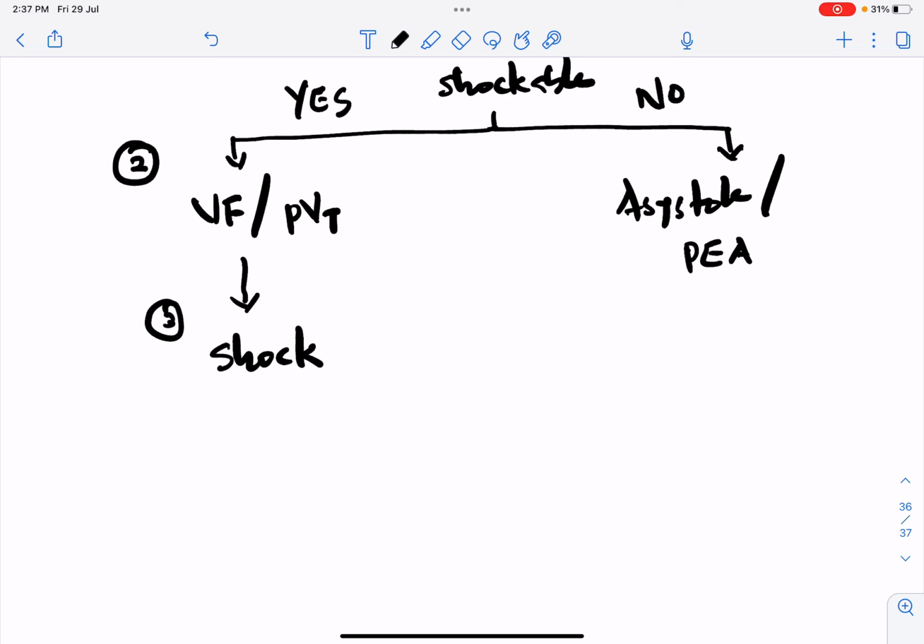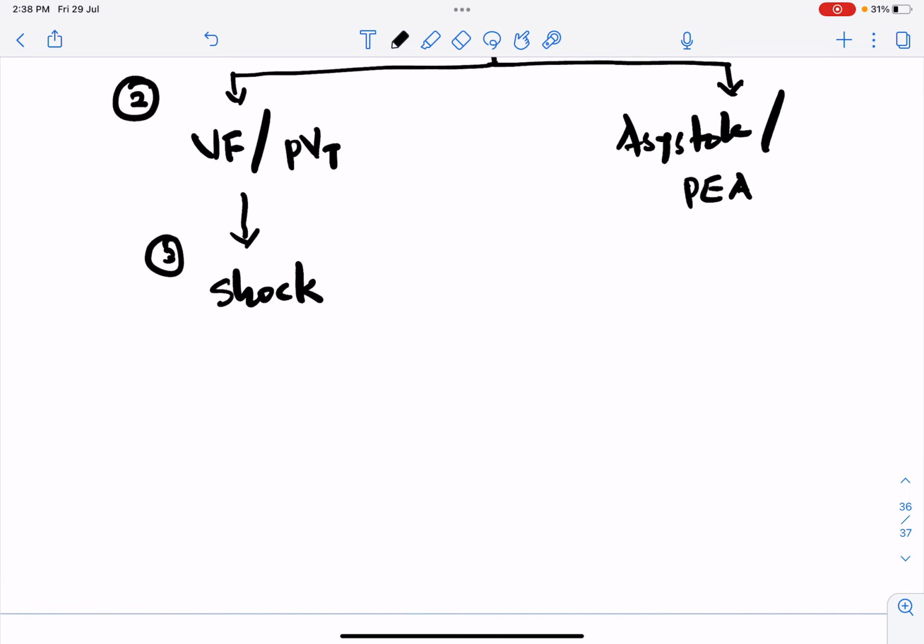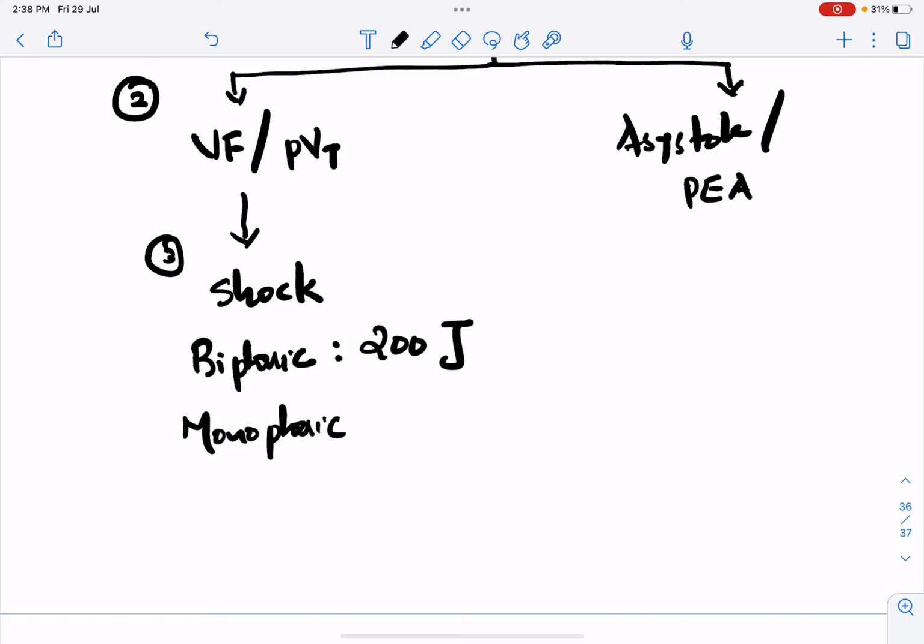You have monophasic and biphasic defibrillators. Sorry, in the case of a biphasic defibrillator, the recommended joules for shocking is 200 joules. In the case of a monophasic defibrillator, it is 360 joules. Okay, that is our third step.